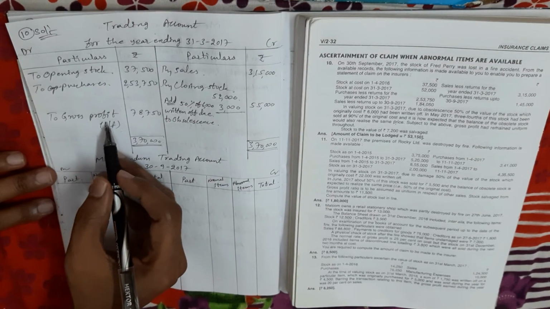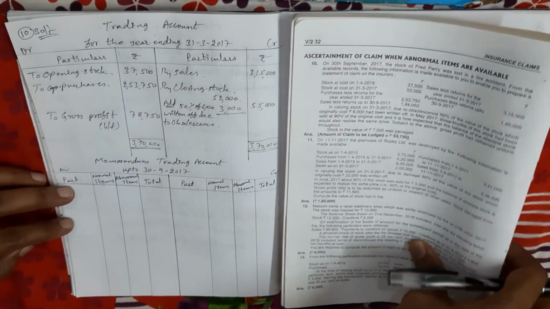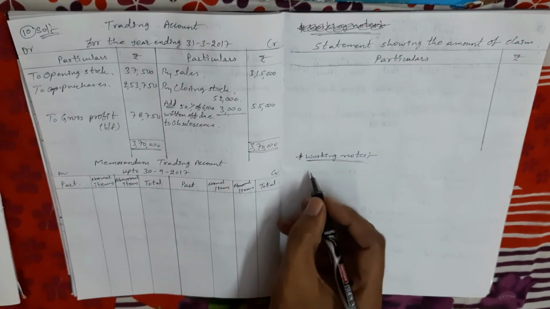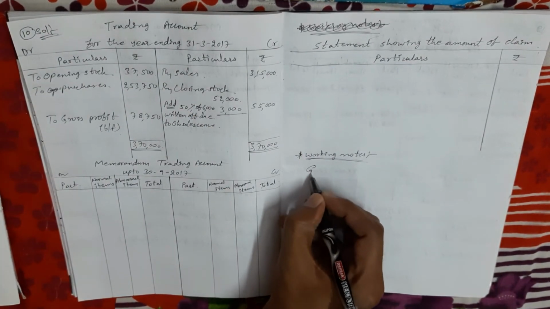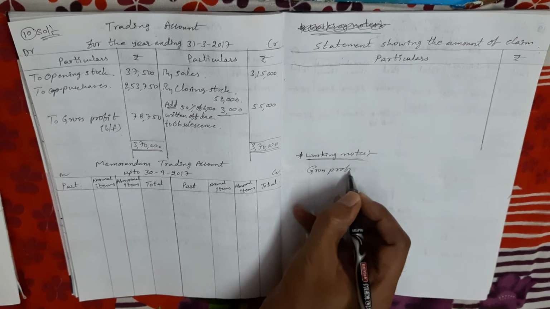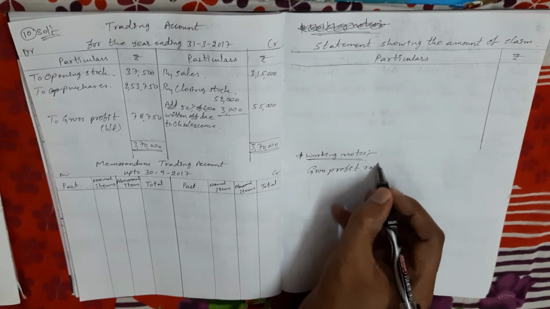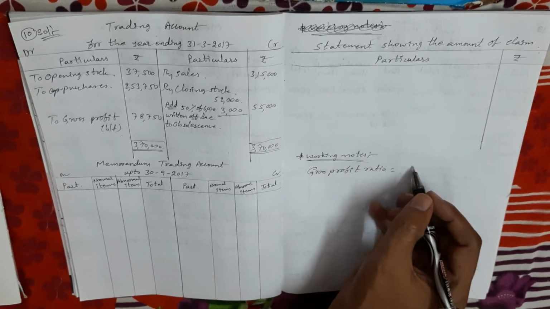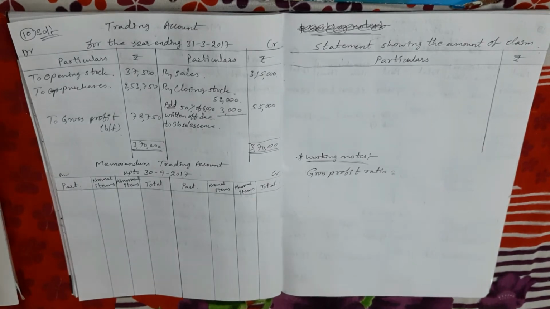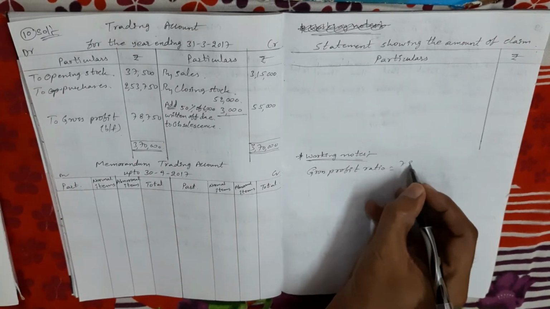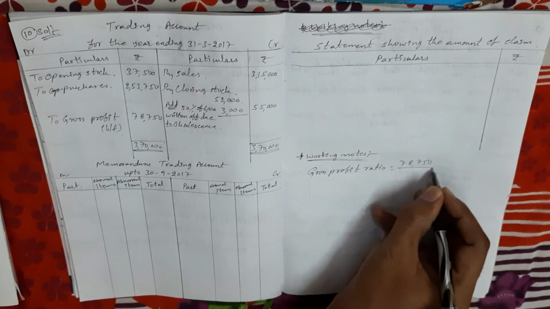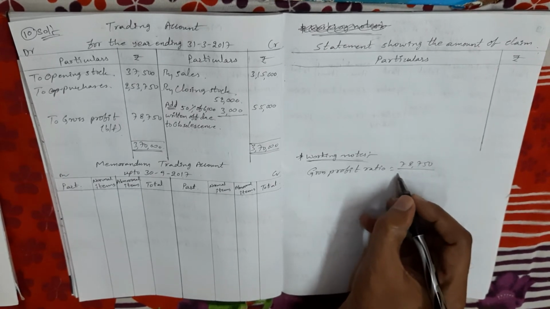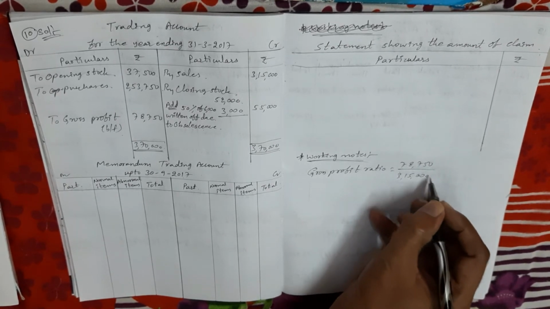Next, calculation of gross profit ratio. Here we got the gross profit. So in working notes I am calculating the gross profit ratio of last year. Gross profit ratio is equal to gross profit, 78,750, divided by sales 3,15,000.